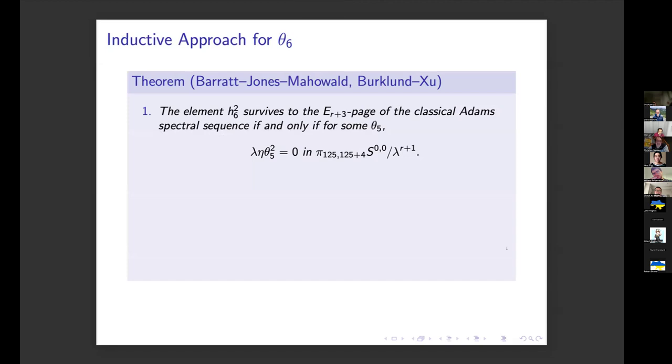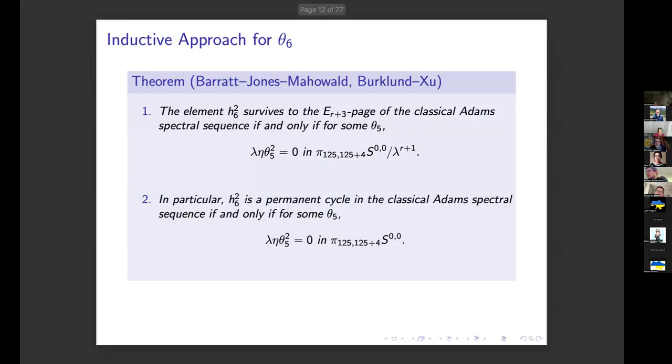All right, so there is this inductive approach for theta 6 by Barratt, Jones, and Mahowald, upgraded by Burklund and myself in the synthetic setting, which states that H6 squared survives to the Er plus 3 page in the classical Adams spectral sequence, if and only if for some synthetic theta 5, this expression lambda e to theta 5 squared in this bigraded homotopy group on this page is 0.